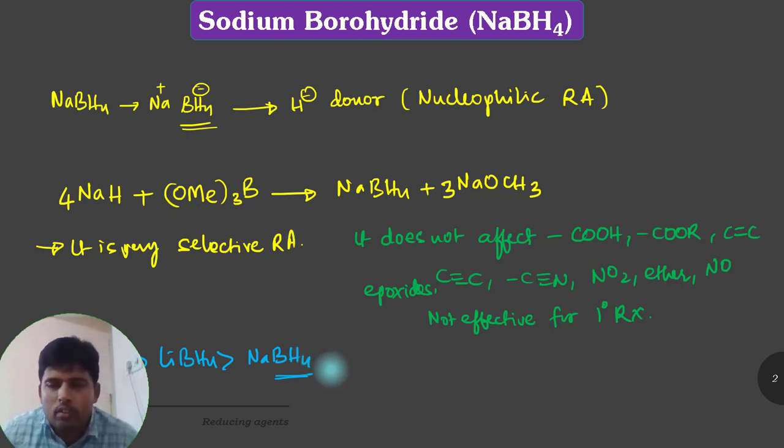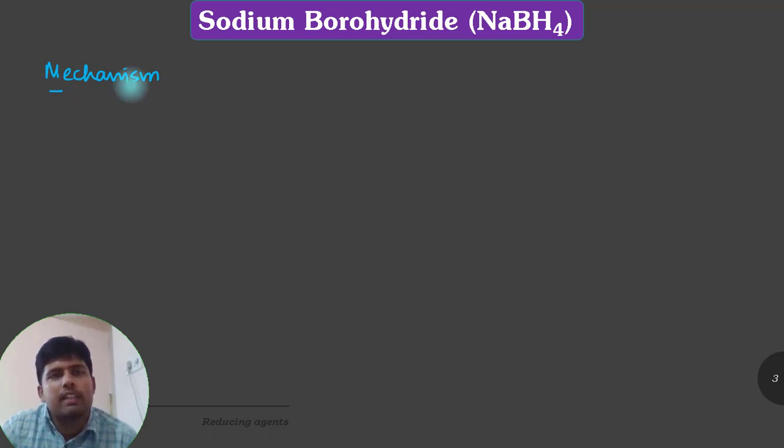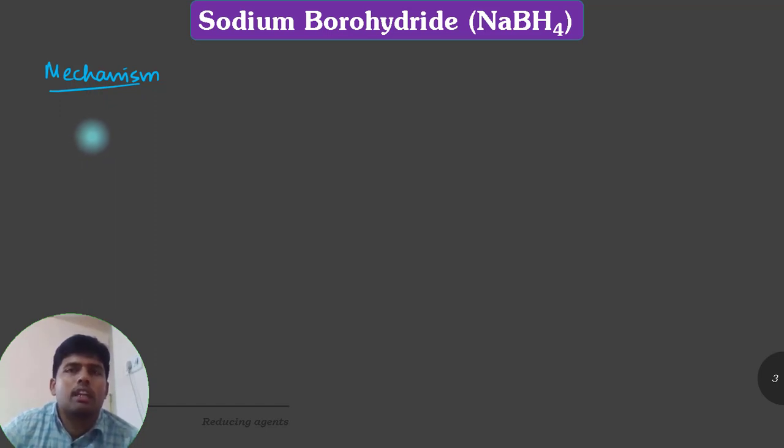Once we understand the position of NaBH4, let us also understand the mechanism, in what way it will affect the substrate. So let us write the mechanism here. The best compound to discuss the mechanism is an aldehyde or ketone, because that's where we see NaBH4 active and doing a good job.